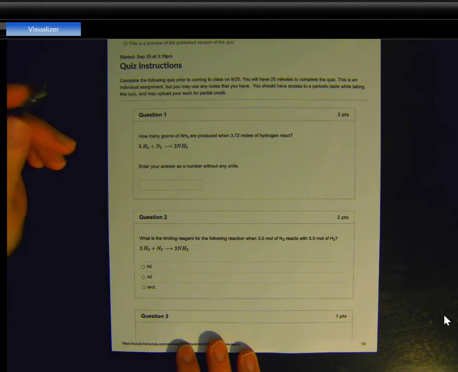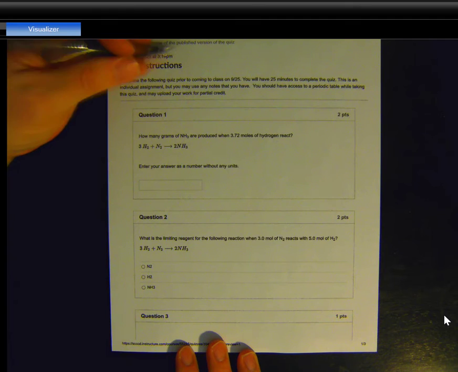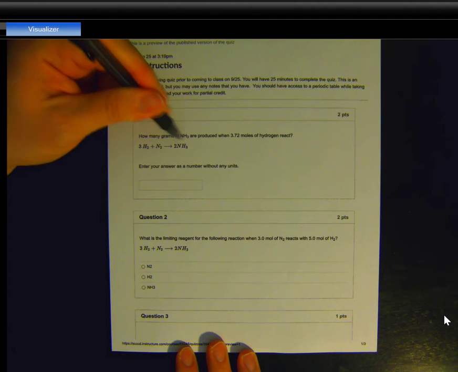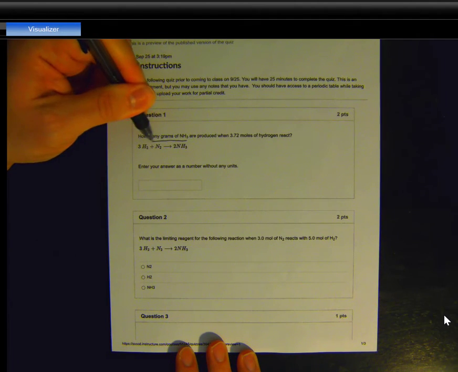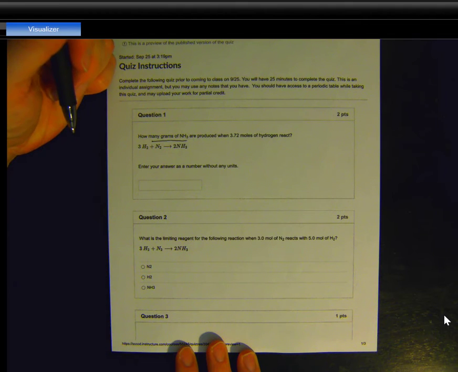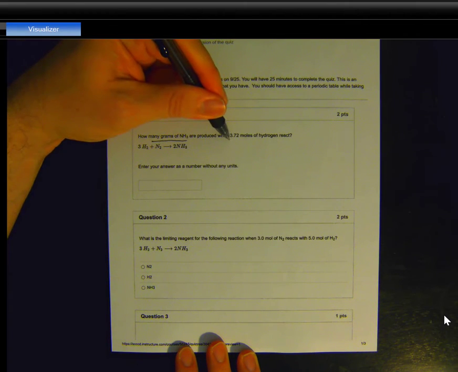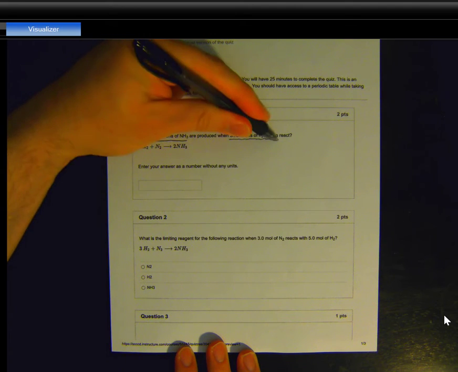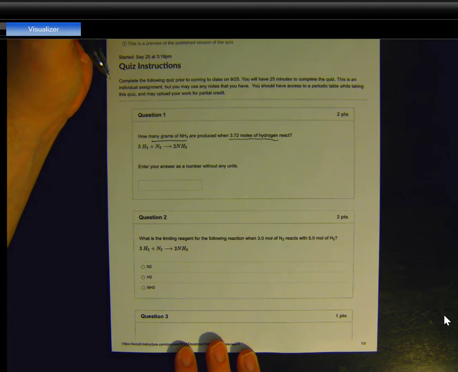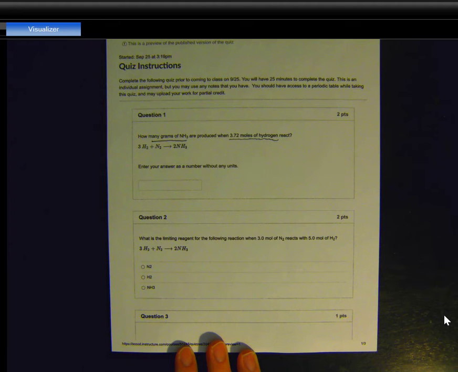So for question 1, we're asking how many grams of NH3, so that's going to be important, grams of NH3 are produced when 3.72 moles of hydrogen react. So looking at the balanced equation, there are two things we care about.